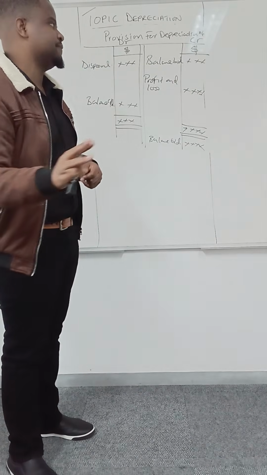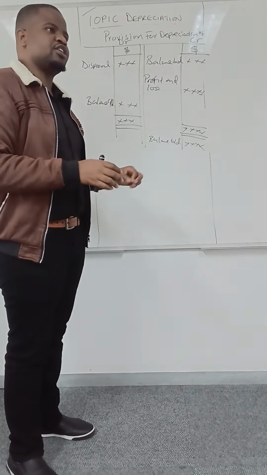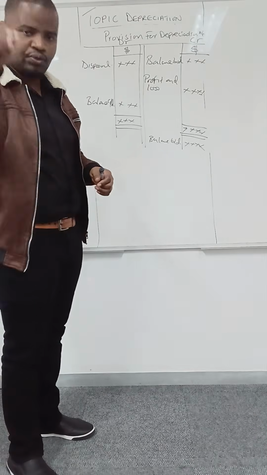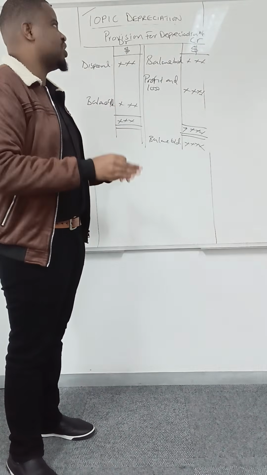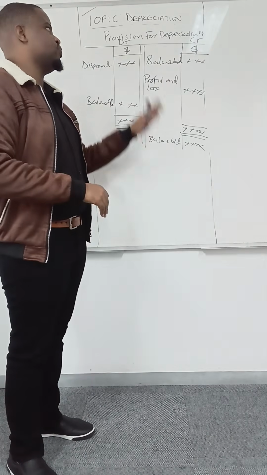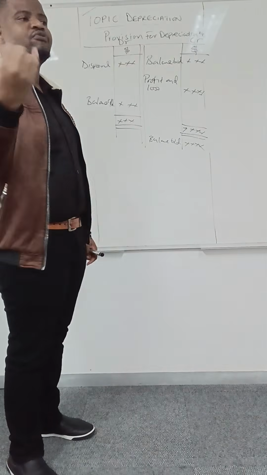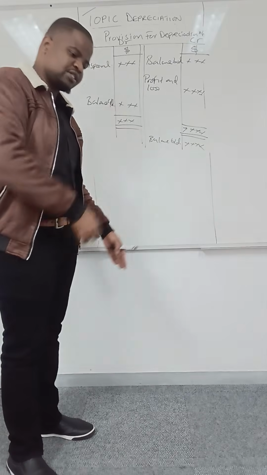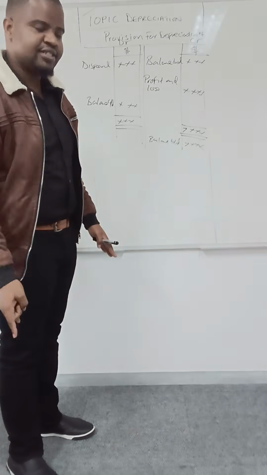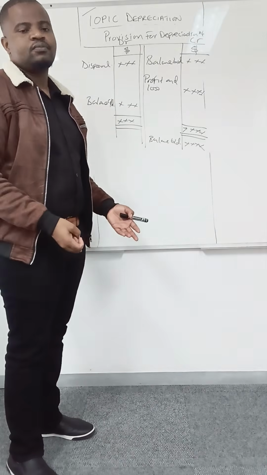Then number 3 is whether we are charging depreciation in the month of disposal or not. So these are the 3 important things you must check in the question before you do this account. Number 1, method to be used. Then you know the formula for the method. For the reducing balance method, cost minus accumulated depreciation times rate is the formula. For straight line, cost times rate.